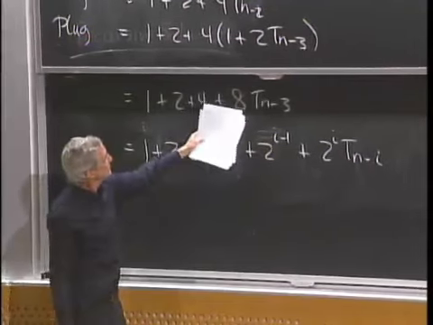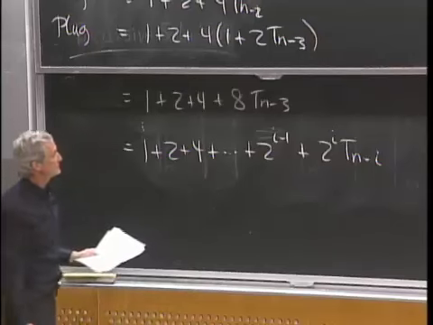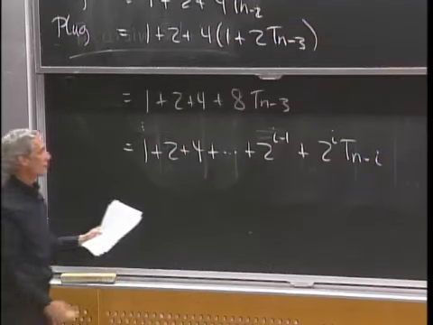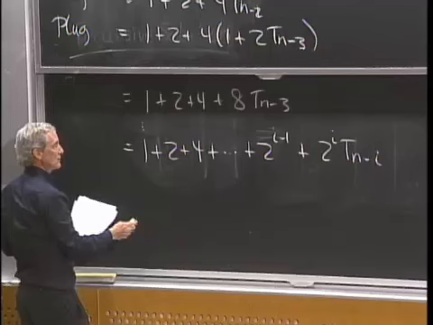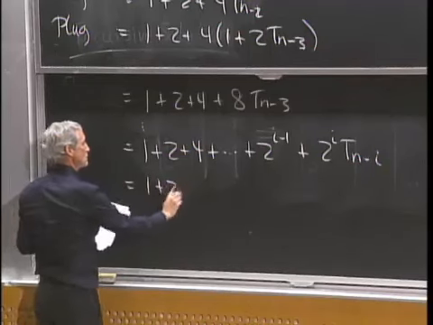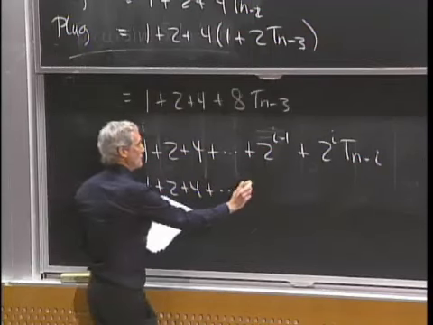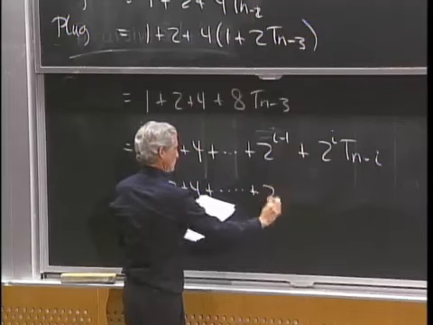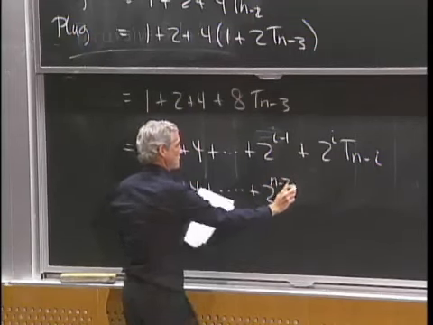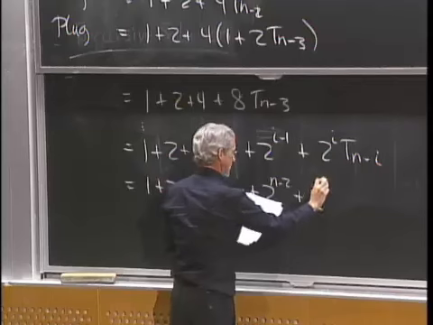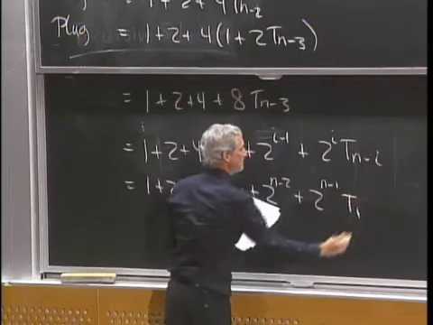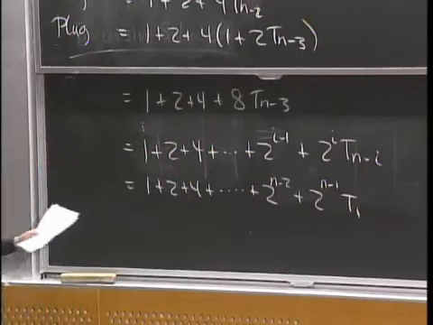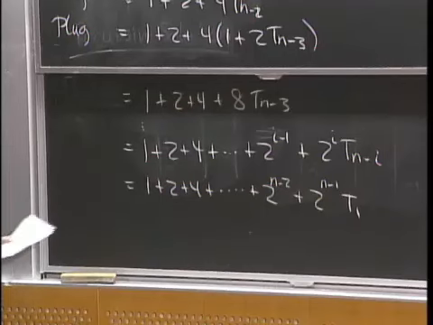And then I take this all the way down to i equals n minus 1. 1 plus 2 plus 4 plus 2 to the n minus 2 plus 2 to the n minus 1 T1. And T1 is just 1.